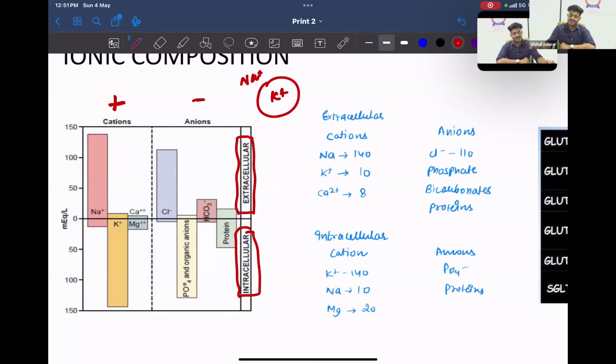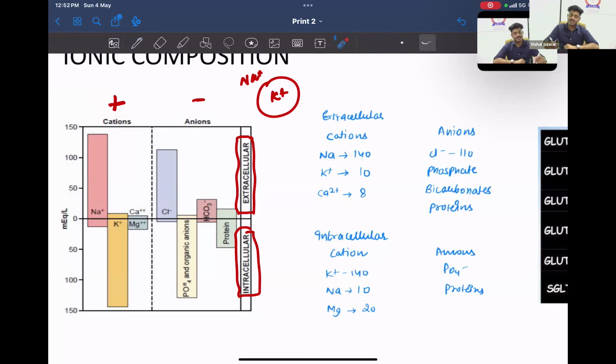Most abundant extracellular anion will be chloride. Most abundant intracellular anion: phosphate, right? Potassium will be positive, so that is the thing.